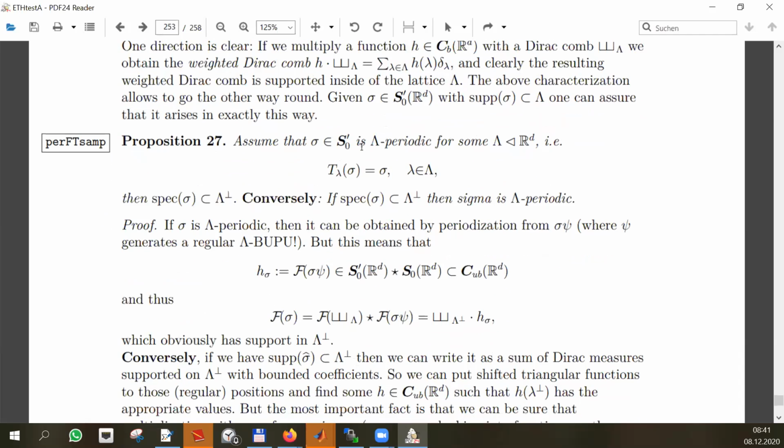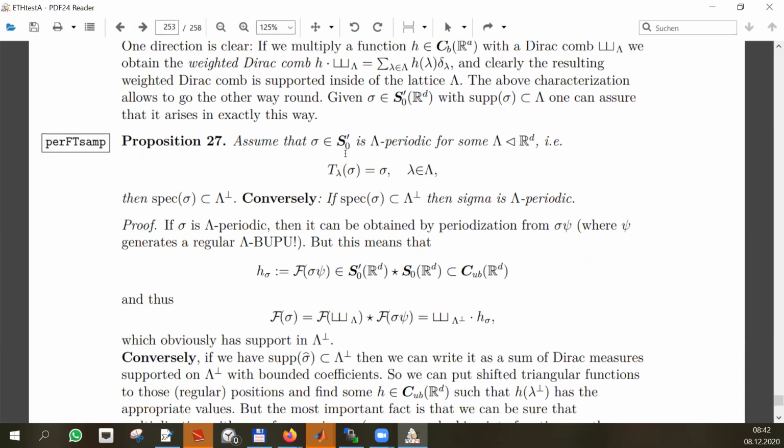So I recall to you that if you have a distribution which you can shift so that it doesn't notice that it's shifted, so maybe you take this pattern that we have seen at the beginning, you move it along some lattice and it doesn't change, so it's the periodic thing.